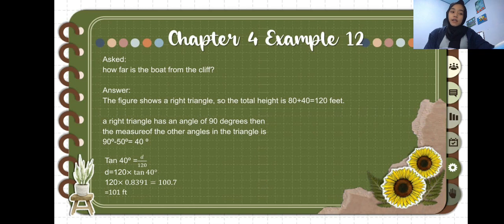A right triangle has an angle of 90 degrees, then the measure of the other angle in the triangle is 90 degrees minus 50 degrees equals 40 degrees. So tan 40 degrees is d per 120. Cross multiplying, d equals 120 times tan 40 degrees, equals 101 feet.